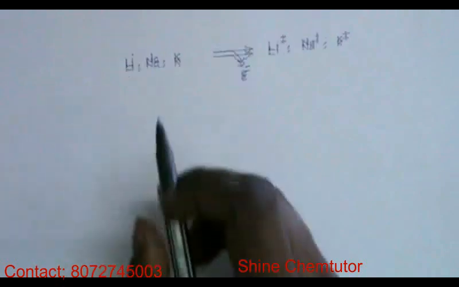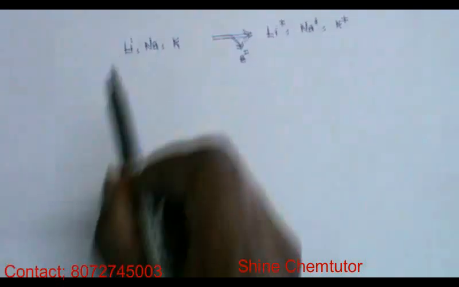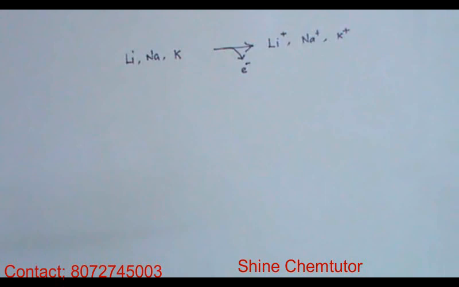The reason: when it loses 1 electron, it gets a more stable electronic configuration. In the outermost shell of lithium, there is 1 electron, 1s2, 2s1. By losing that 1 electron, it becomes more stable. That is the driving force behind this.